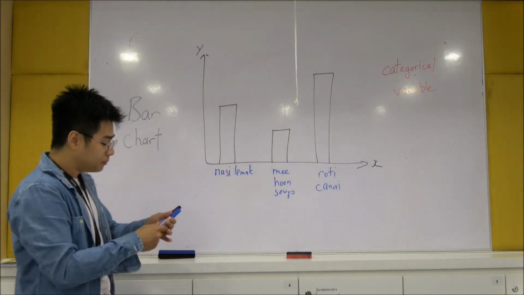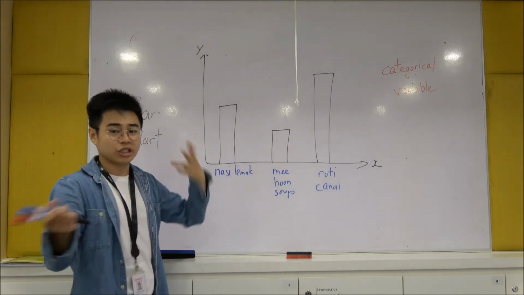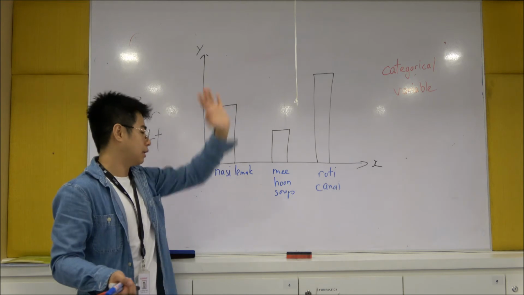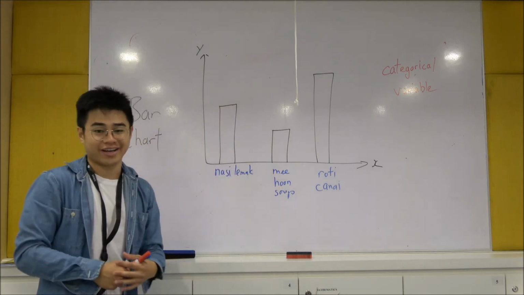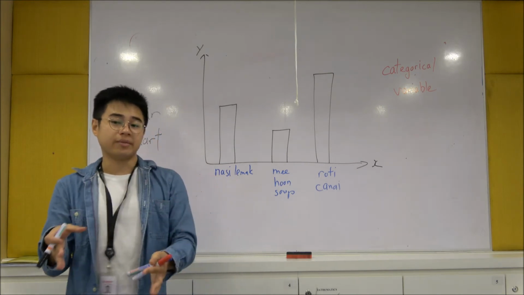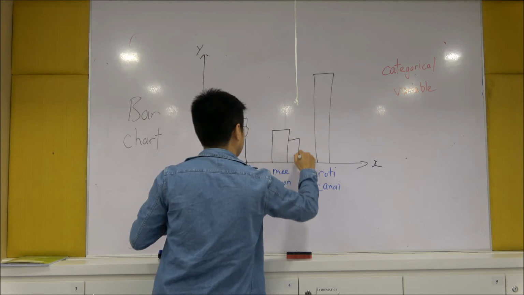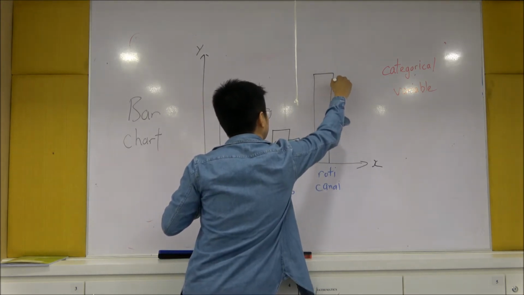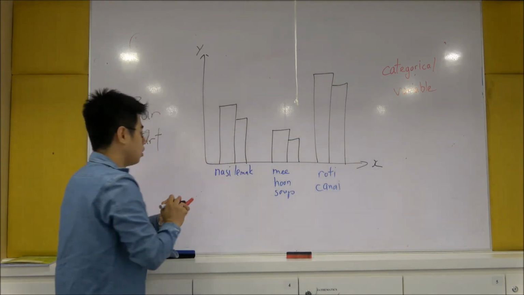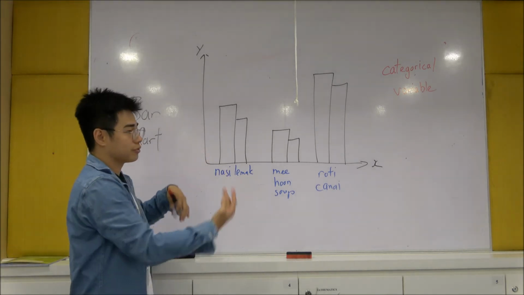Now, the thing about a bar chart is that you can put in as many subcategories as you like. For example, let's say I'm looking at the overall Malaysians who love to eat nasi lemak, mee hoon soup, and roti canai. Now what if I want to look at male versus female? That's when I just add another category here. Usually in such a case, you might have to do some labeling.